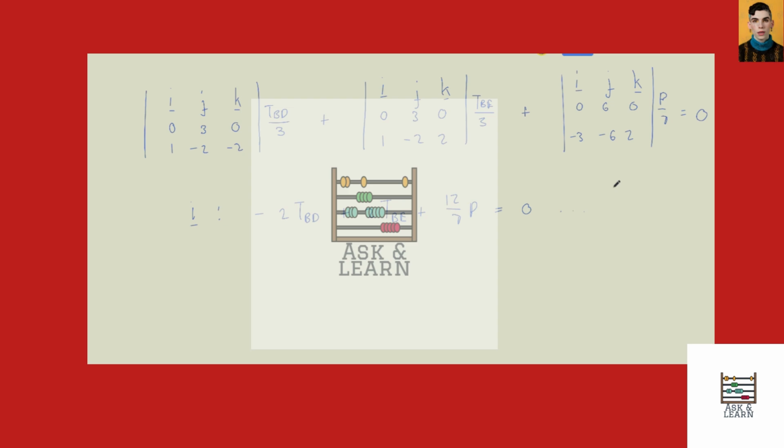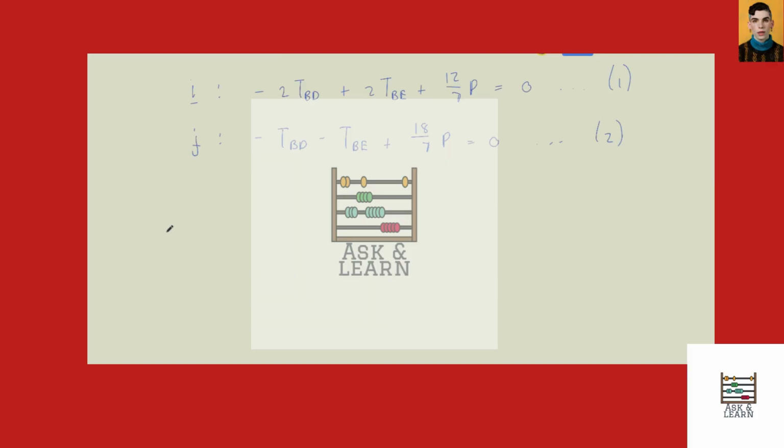We'll call this equation 1. From the J coefficients, we get minus TBD minus TBE plus 18 over 7 times P is equal to 0. And we'll call this equation 2.